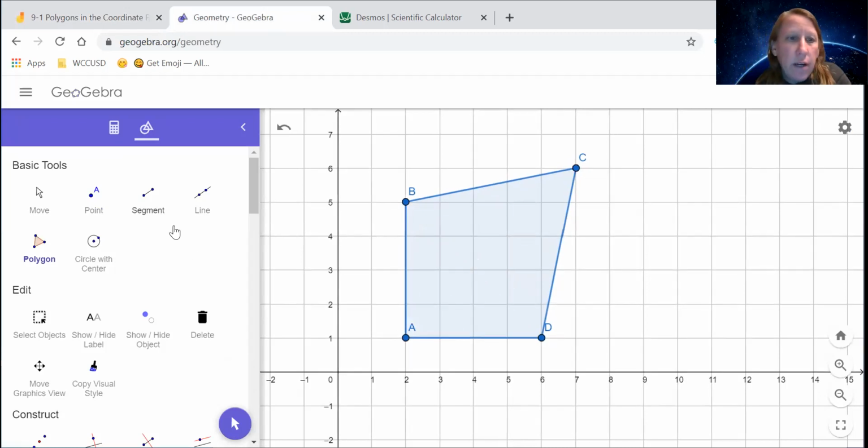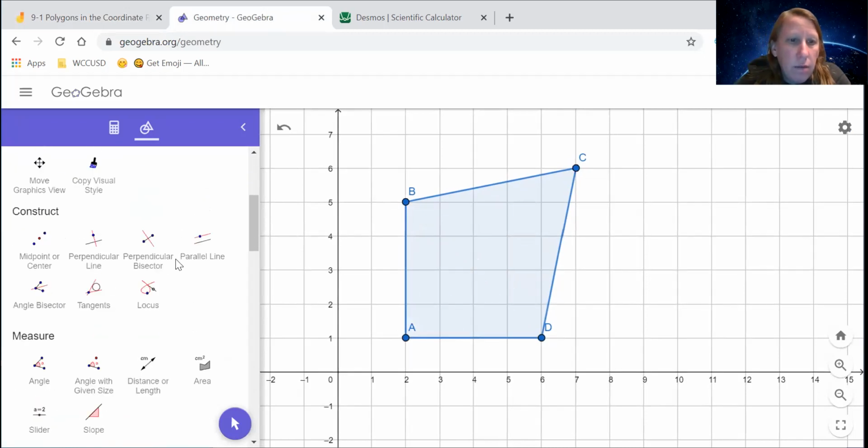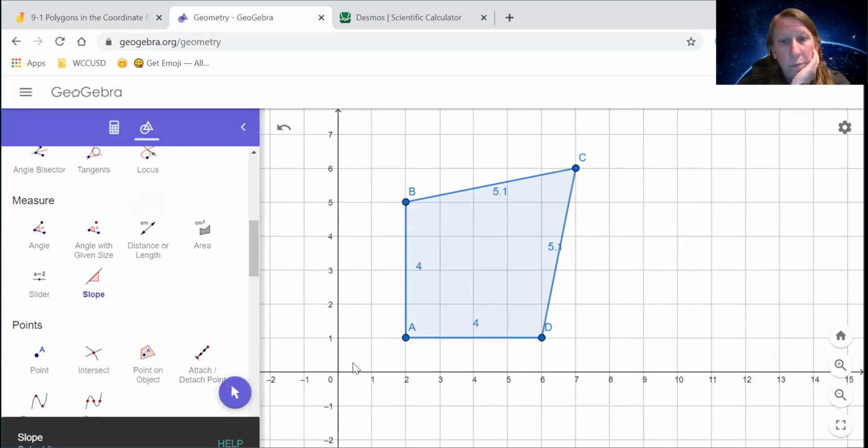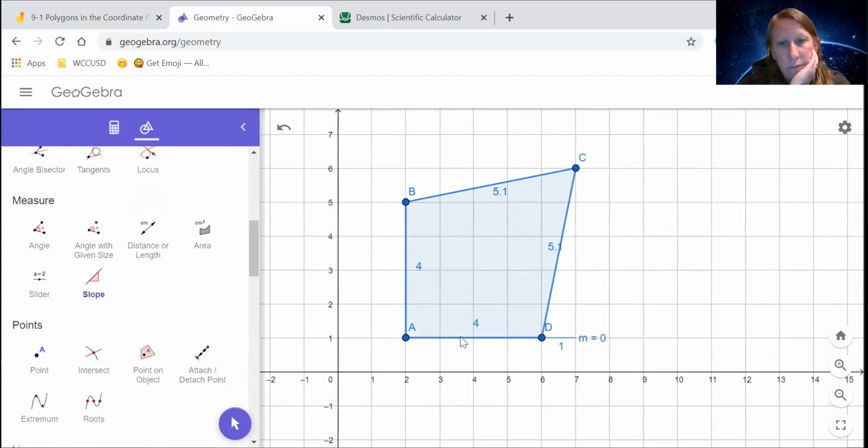Okay, so I can start to run my algebra work. I can find the distance. So what kind of shape has two sides next to each other that have the same length? Okay, what else can I do? I can run my slope formulas. And that's a slope of 0.